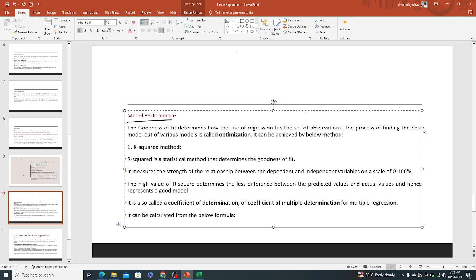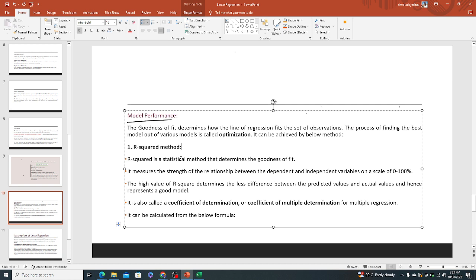The process of finding the best model out of various models is known as optimization. It can be achieved by the below method, that is the R squared method. The R squared method is a statistical method that determines the goodness of fit.